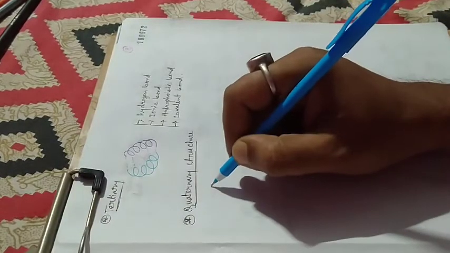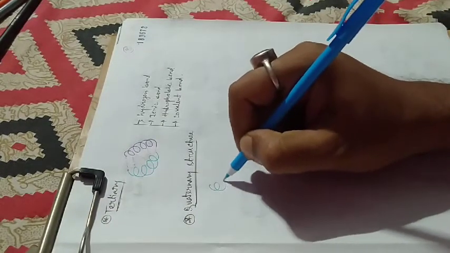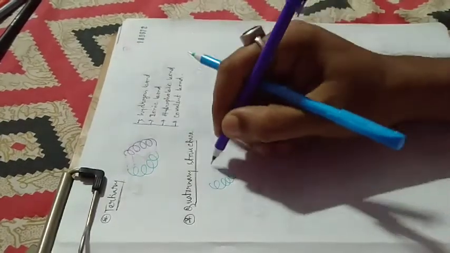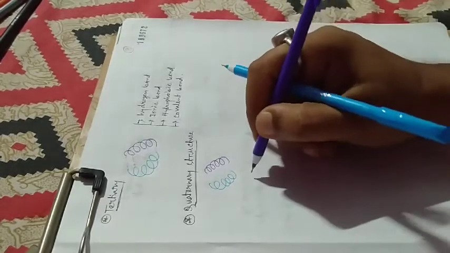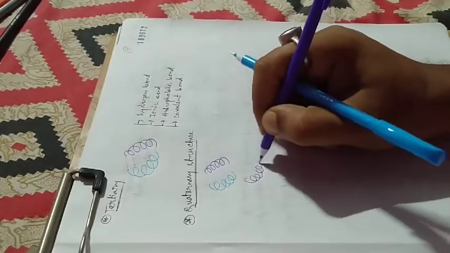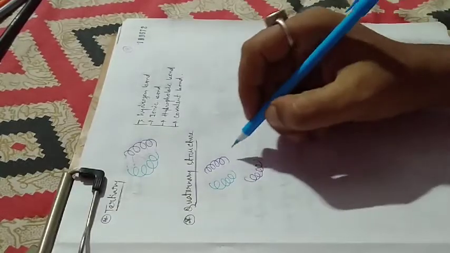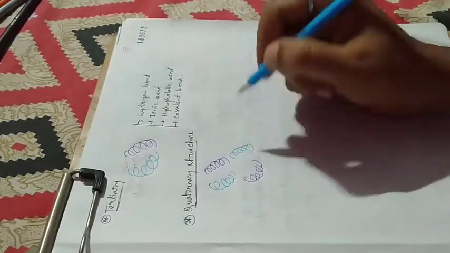How does it occur? Suppose that is the tertiary structure, meaning those are the peptide chains.